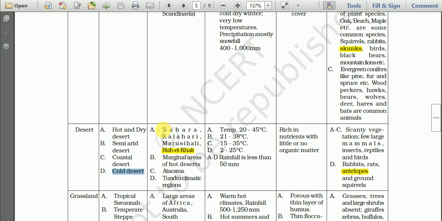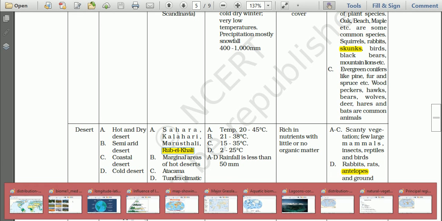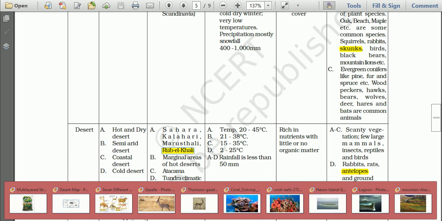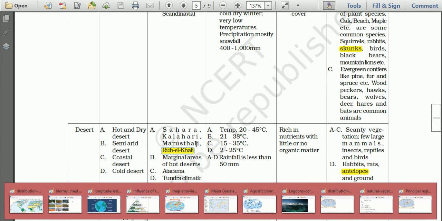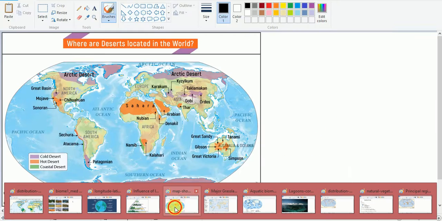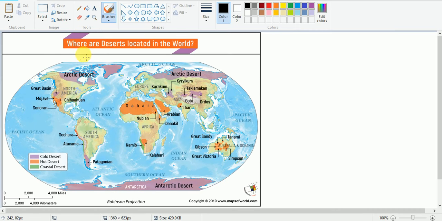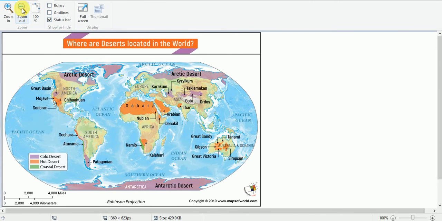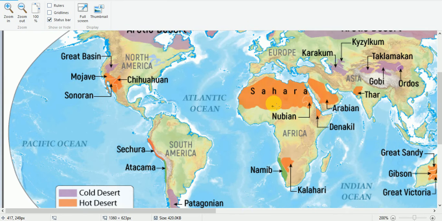Here location is given. For the hot and dry desert we have Sahara, Kalahari, Marustali, and Rub' al Khali. Just see here, we have another map also. We have Sahara here.